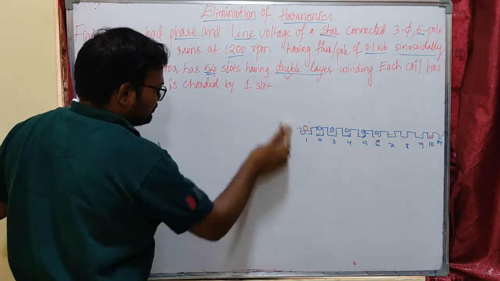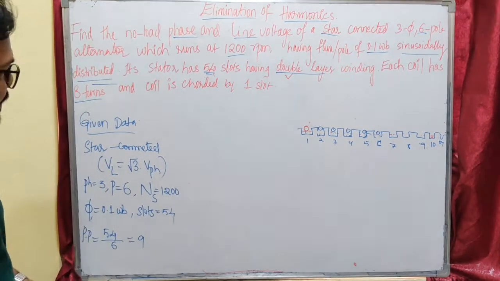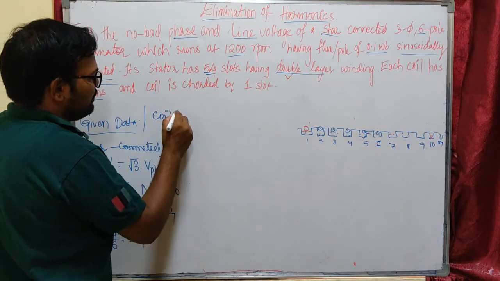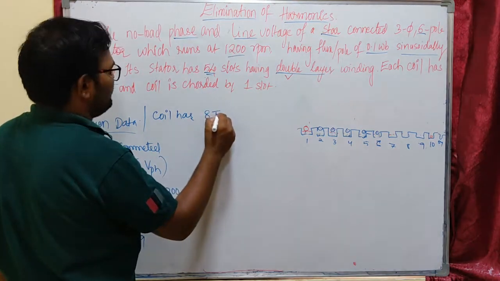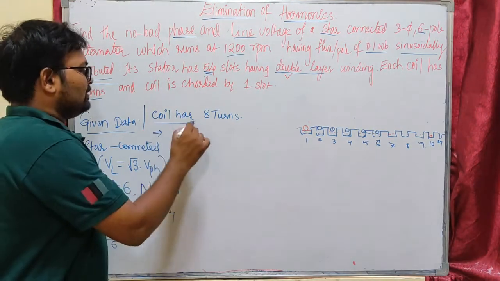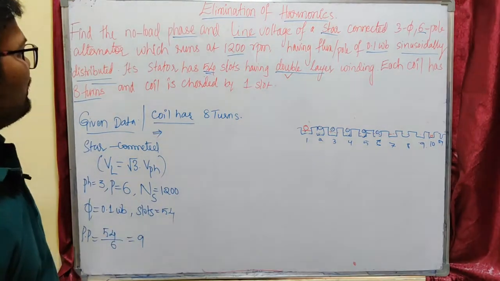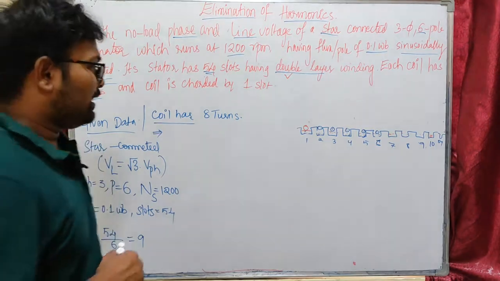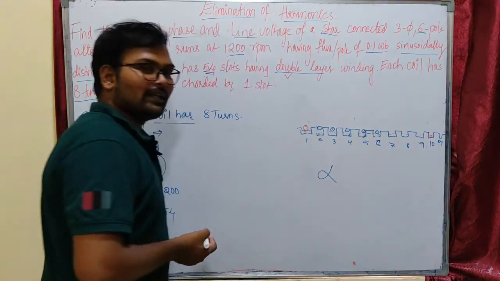Now each coil has 8 turns and the coil is short pitched by one slot. That means we are having alpha here.